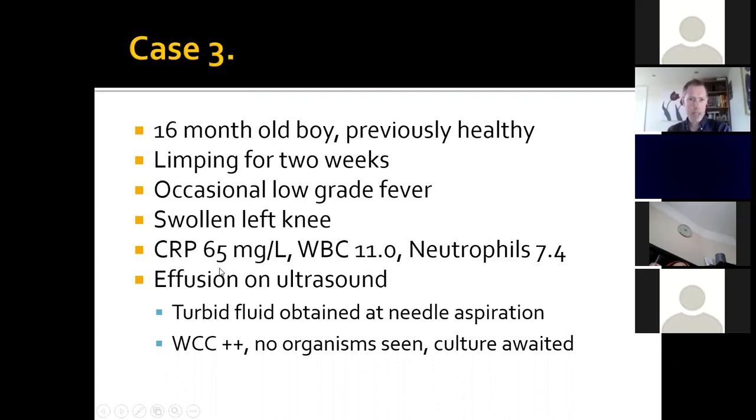His CRP is 65, white cell count 11, neutrophil 7.4, and on ultrasound he had an effusion. So this was, because it was quite a large effusion, it was aspirated and turbid fluid was obtained, which had lots of white cells but no organisms seen. And at the moment, a culture is awaited.